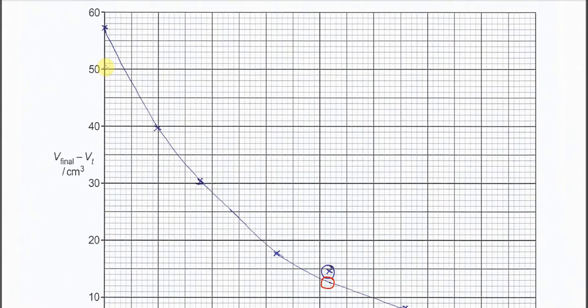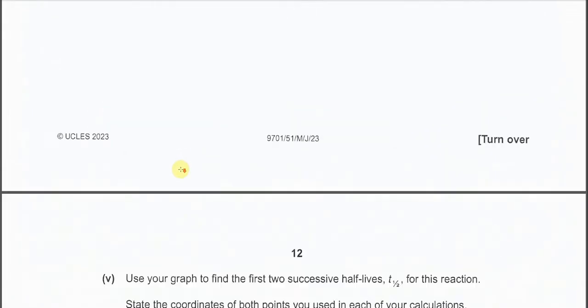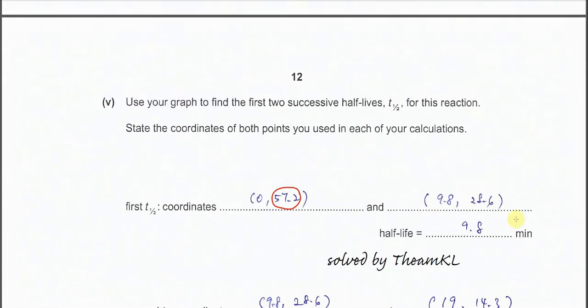Half-life means when it is reduced to half. So we get one coordinate here, and we try to find another coordinate when the volume is half, which is around 28.6. Half of this volume.